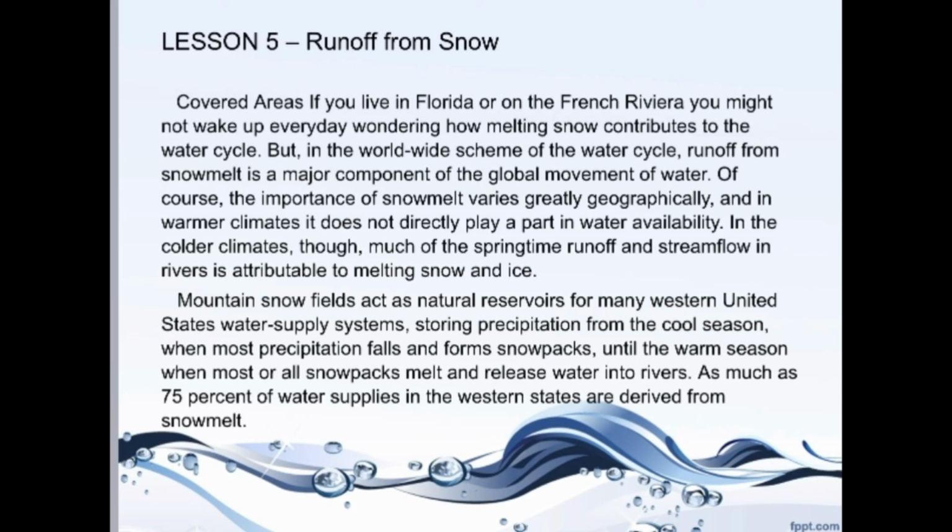So for our lesson 5, the runoff from snow-covered areas. If you live in Florida or on the French Riviera, you might not wake up every day wondering how melting snow contributes to the water cycle. But in the worldwide scheme of the water cycle, runoff from snowmelt is a major component of the global movement of water.